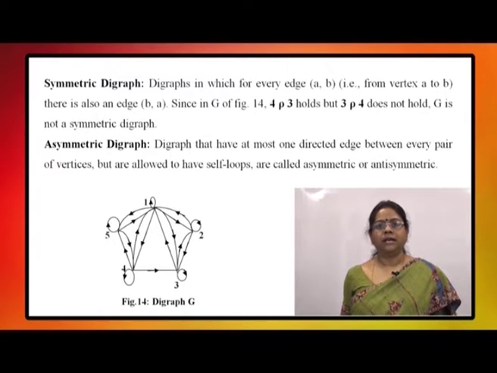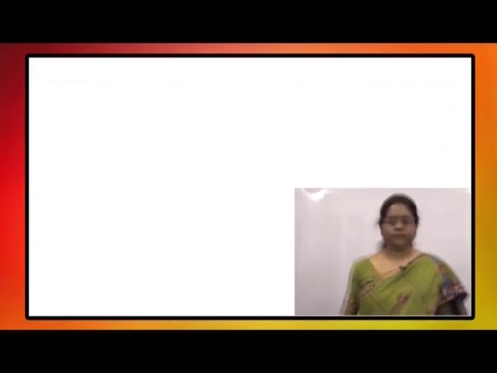So they are called asymmetric or antisymmetric, and we can see that in figure 14 this digraph G is not an asymmetric digraph, because between 2 and 3 there are two arcs oppositely directed. So this does not represent an asymmetric relation.